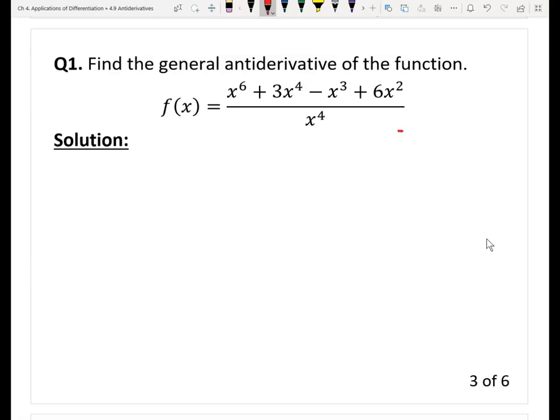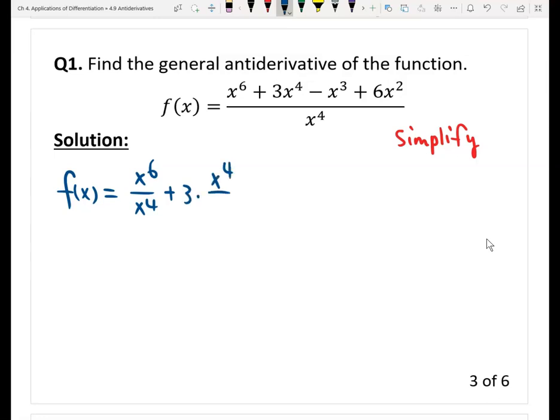So the first step is just to simplify. Okay, break it down. This is a complicated fraction. So what do we get? We get f(x) equals x sixth power over x fourth power, right? Plus 3 times x fourth power over x fourth power.